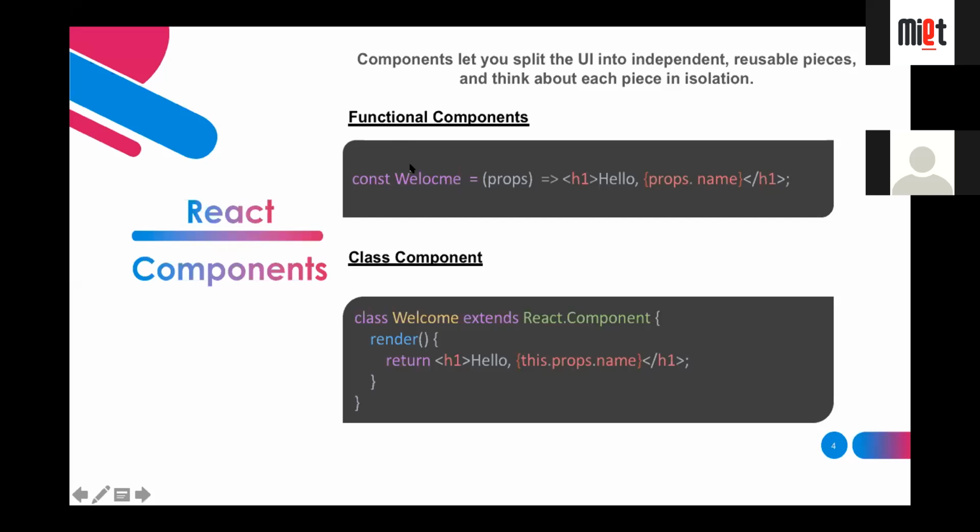In React 15, we majorly used class components because they had the life cycle, which we will talk about later. But currently, in React 16, they have provided hooks in the functional component, which almost act as a class component.